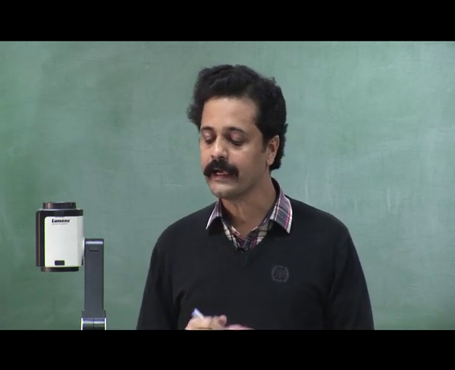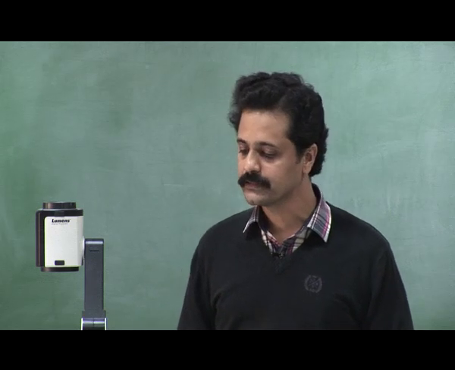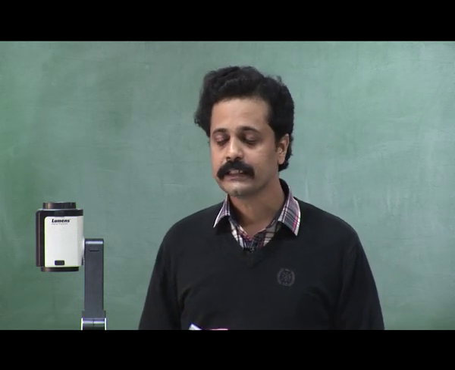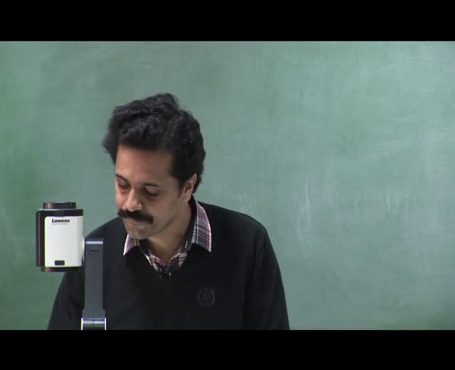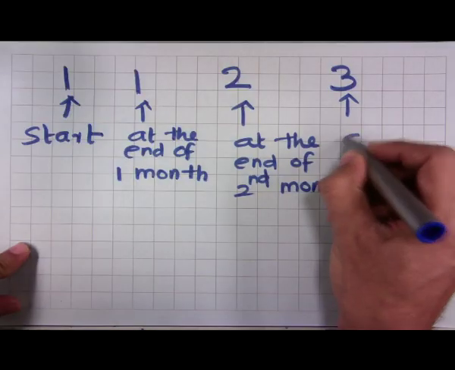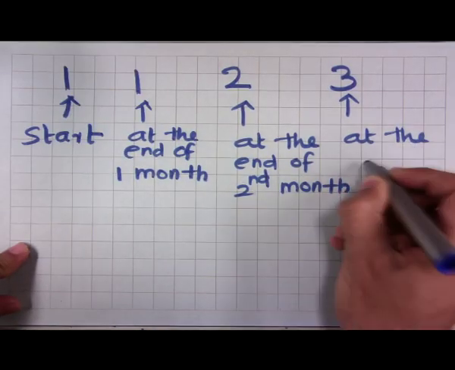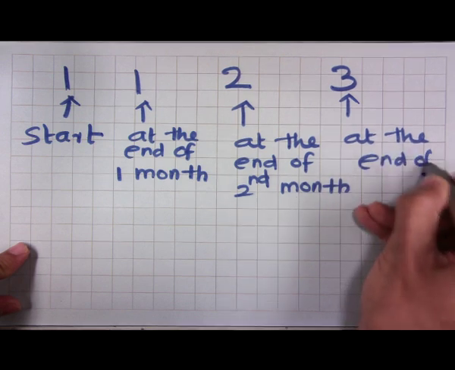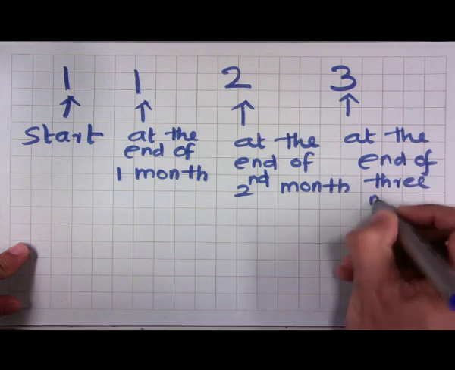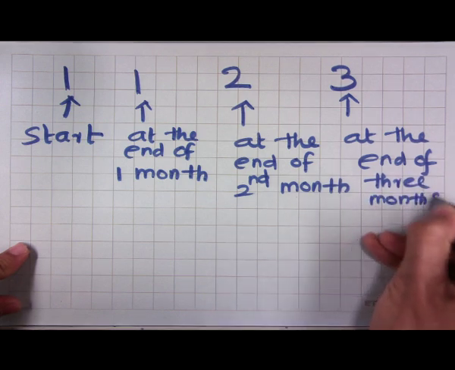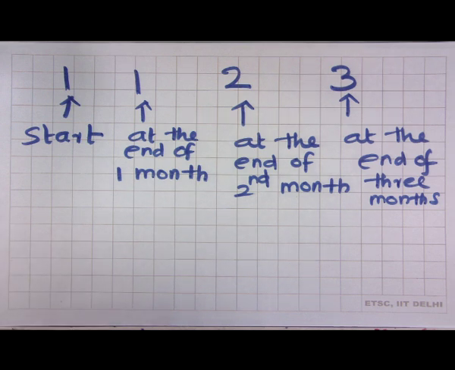So at the end of third month, there will be 3 pairs of rabbits, one pair newly produced by the original female that we put in the field.